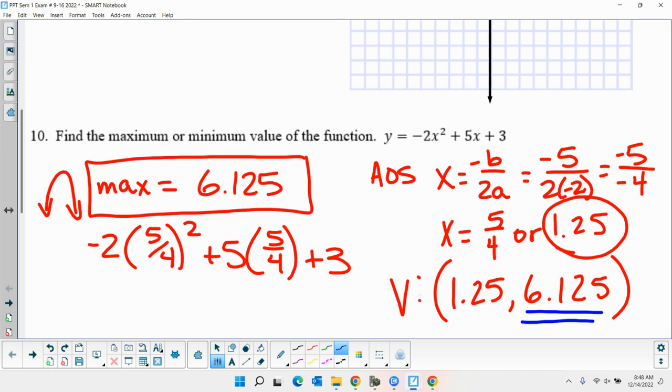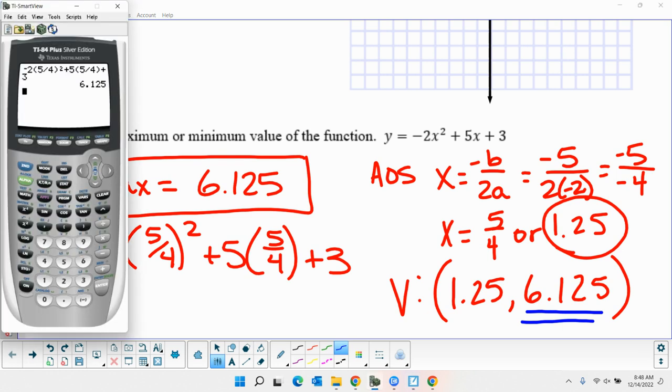Yes, you could put it in your calculator if you want. You could do this. Go to your y equals negative 2x squared plus 5x plus 3. Graph it. And then go to second trace. Number 4 is max. Am I left of the maximum point right now when it says left bound? Yeah.